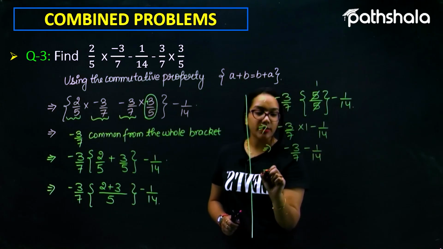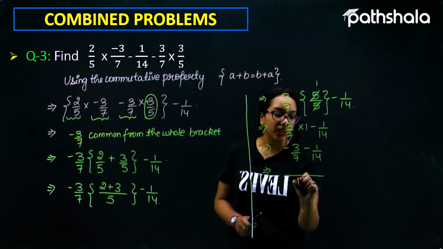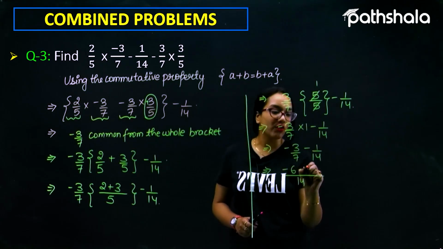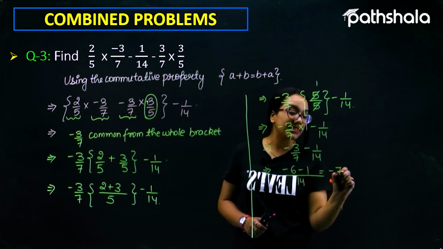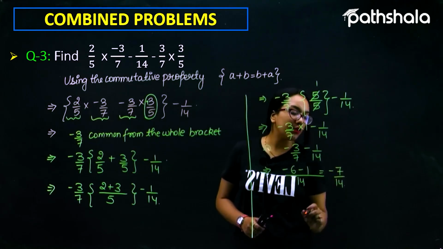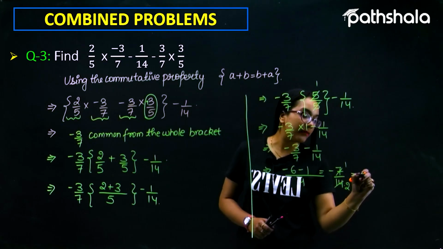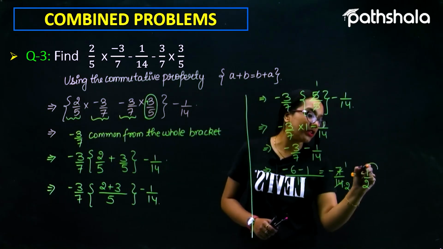What is the LCM of 7 and 14? It is nothing but 14. So 7 2s are 14, meaning minus 6 minus 1. So the answer is minus 7 by 14. We know that 7 1s are 7, 7 2s are 14. We can cancel both terms and we get the answer as minus half.